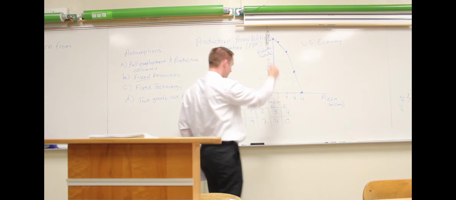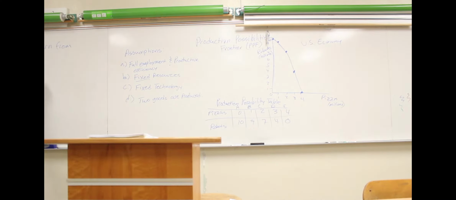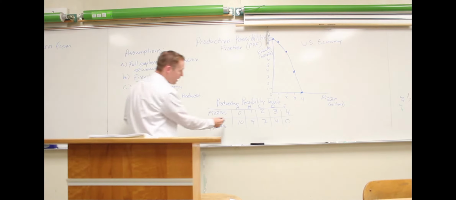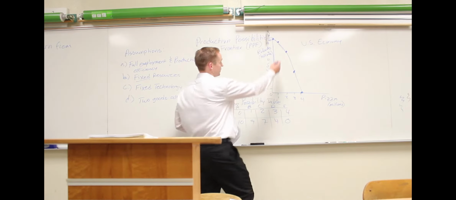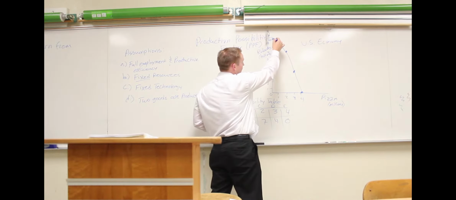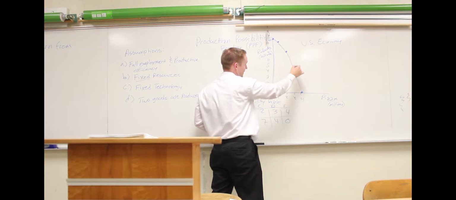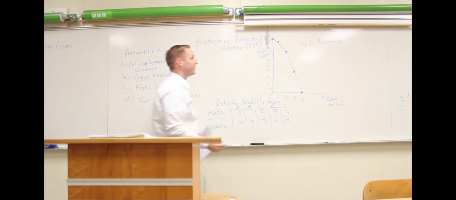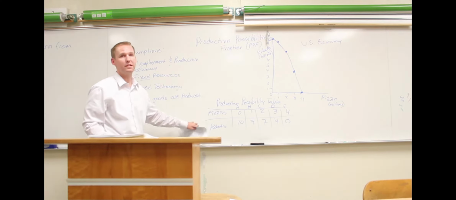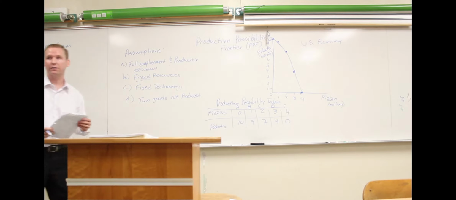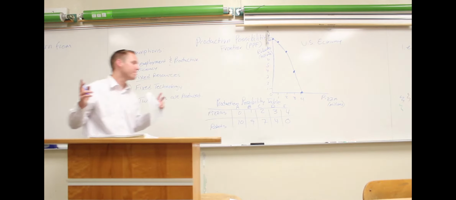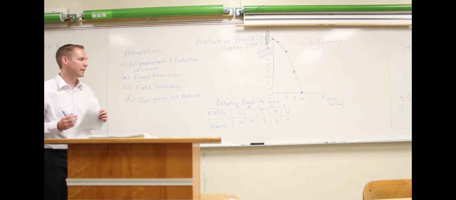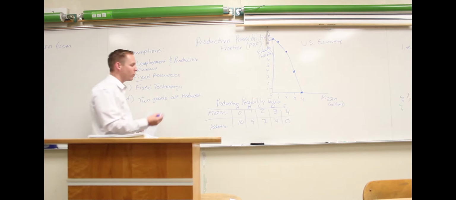Now this line represents, so we're going to go back to this term here, efficiency. So these combinations are the efficient combinations that we can produce in our economy. So this combination, this, and this are the efficient combinations of producing pizza and robots in our US economy. Why are these the numbers? Because this is a theoretical example of one economy.